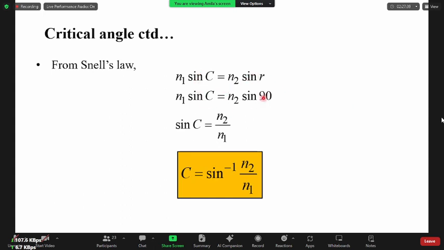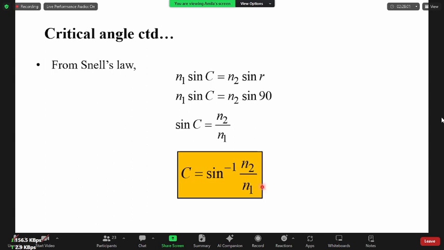Applying 90 for R, we know sine 90 is 1. So we have sine C equals n2 divided by n1, which means the critical angle is sine inverse of n2 divided by n1.